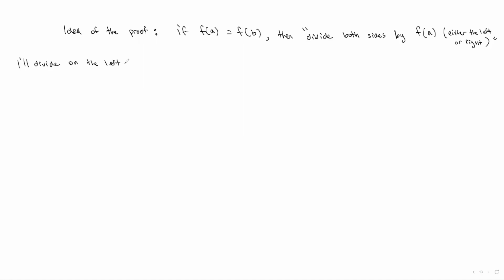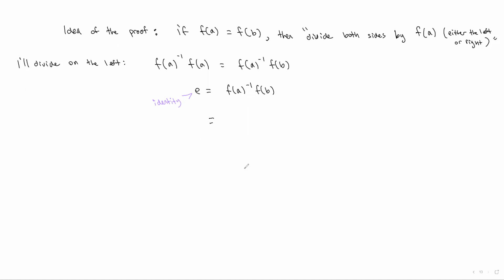So you get f of A inverse f of A equals f of A inverse f of B. So you just get the identity is equal to f of A inverse f of B. And then f is a homomorphism, so everything goes inside f.